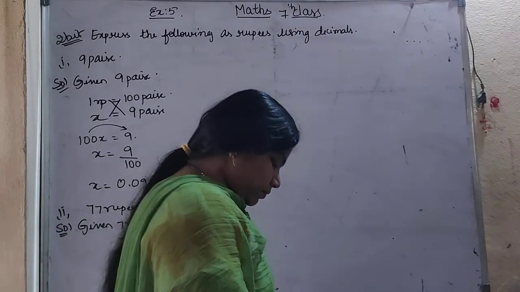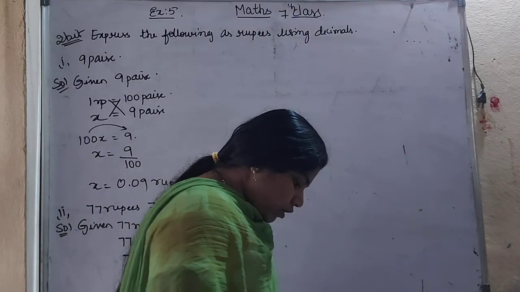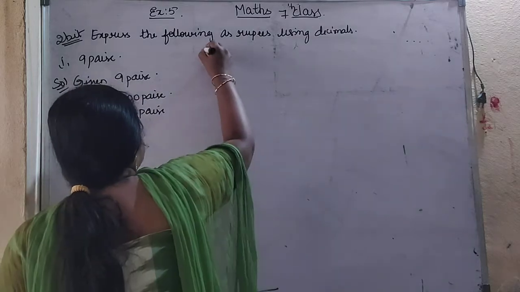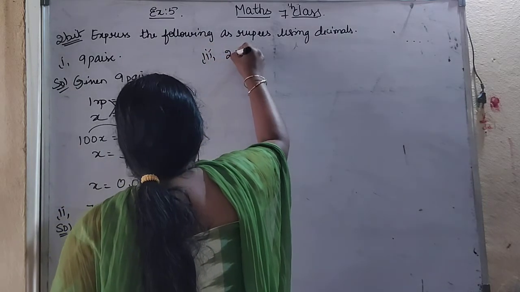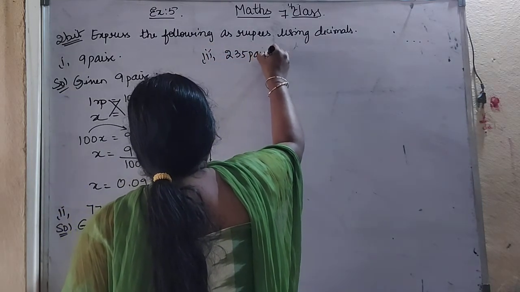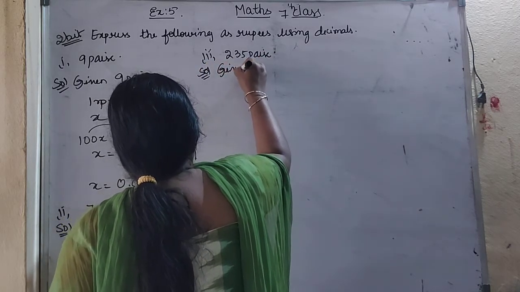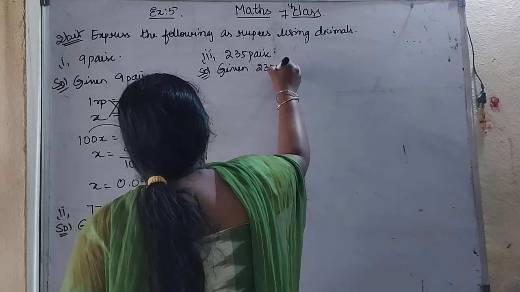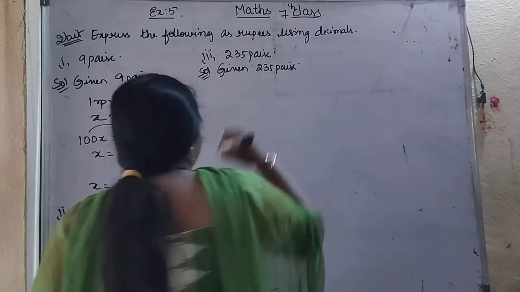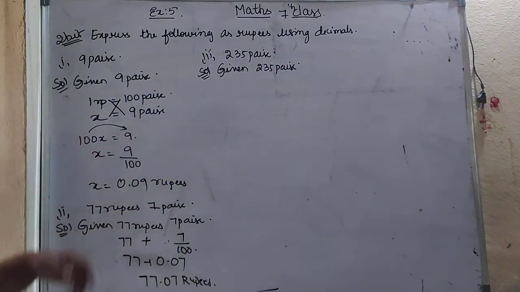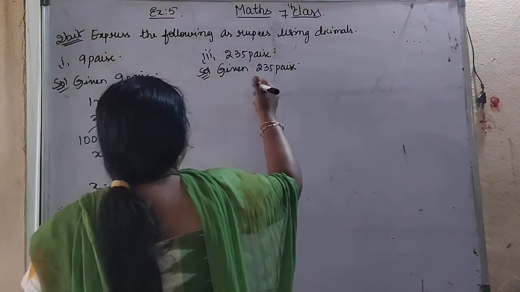Next, the third one: 235 paise. We know that 1 rupee is equal to 100 paise, so we have to divide by 100 here.